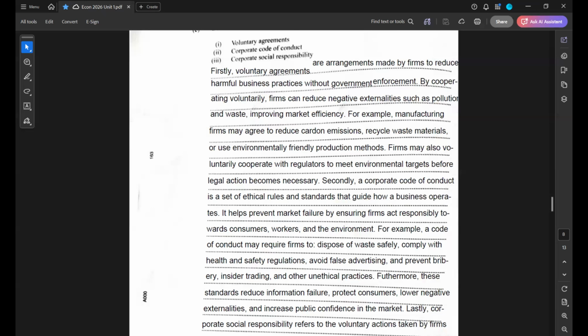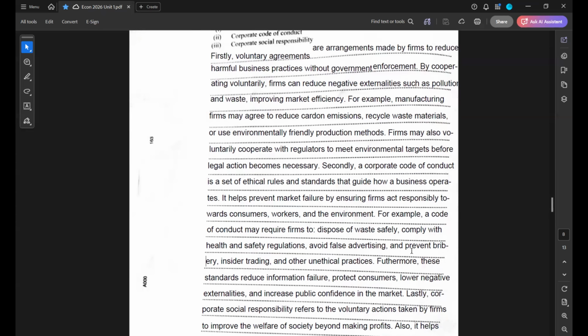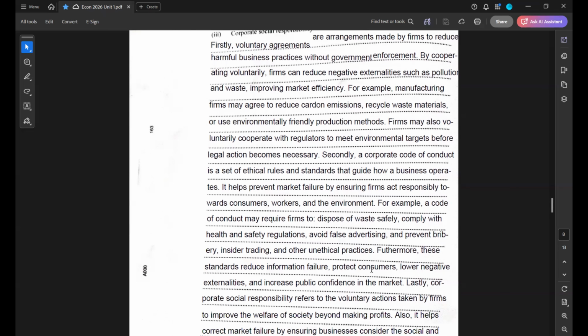For example, a code of conduct may require firms to dispose of waste safely, comply with health and safety regulations, avoid false advertising, and prevent bribery, insider trading, and other unethical practices. Furthermore, these standards reduce information failure, protect consumers, lower negative externalities, and increase public confidence in the market.